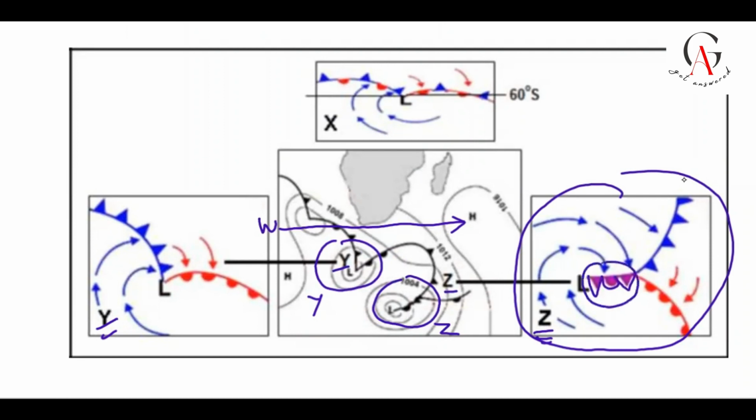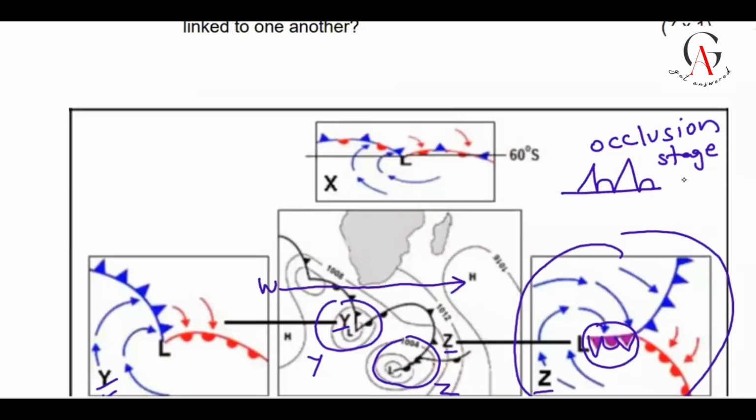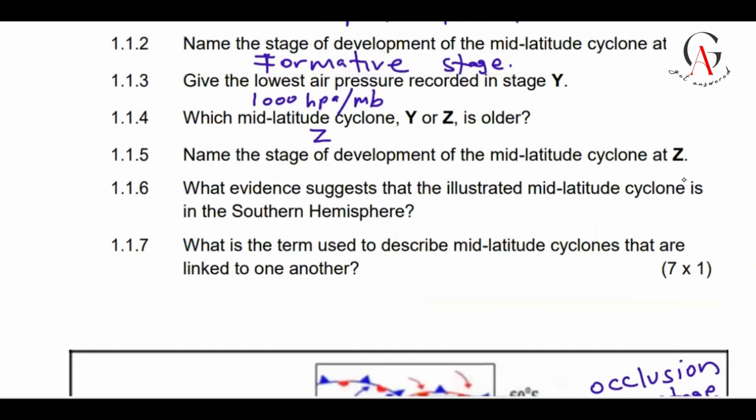Whenever you see such, where you see a cold front, warm front, cold front, warm front, this is typical of what we call the occlusion stage. The occlusion stage means that the cold front was able to catch up with the warm front. That's what happens when the cold front catches up with the warm front. So we say it will be the occlusion stage.